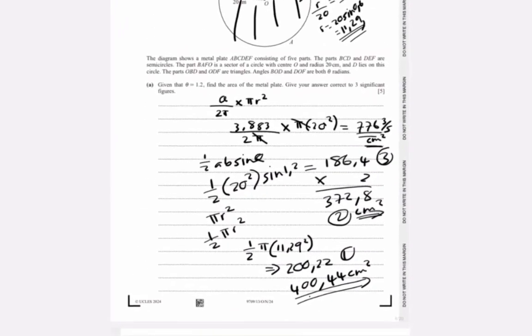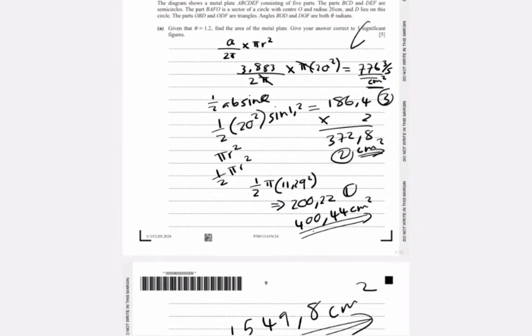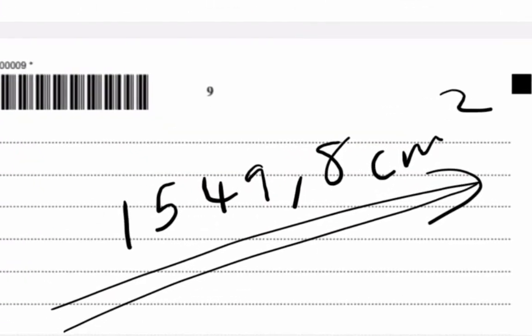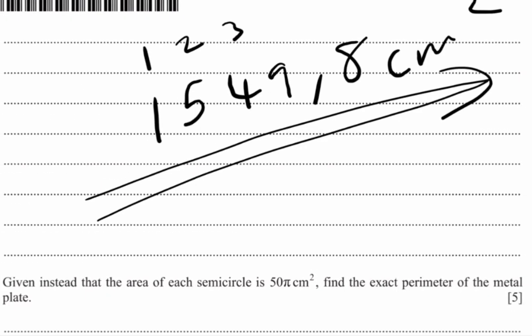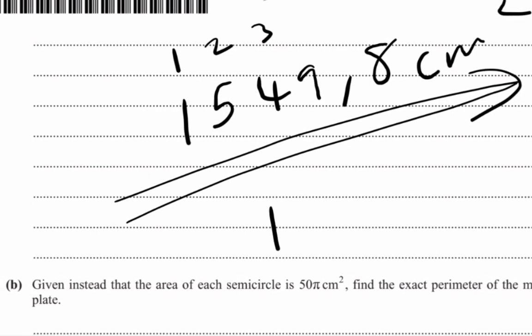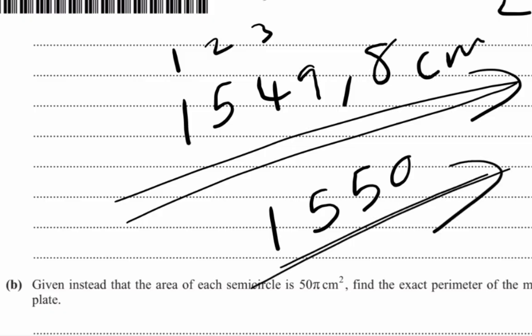And they said give your answer in 3 significant figures. So this in 3 significant figures, this is the first one, the second one, and the third, so that will be 1550 square centimeters.